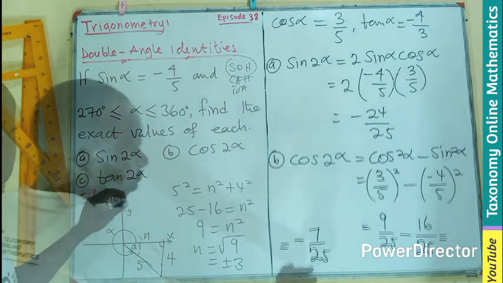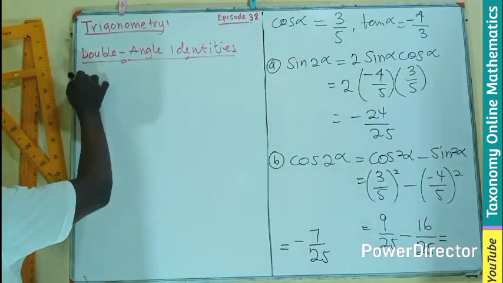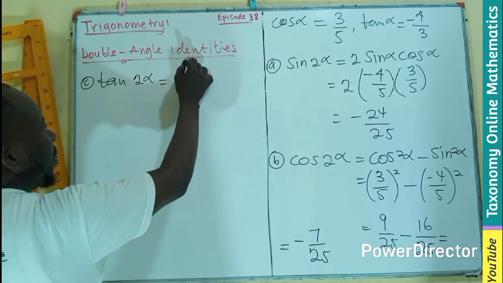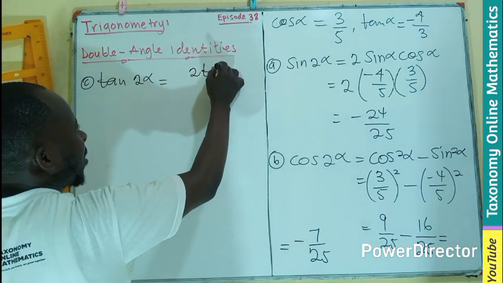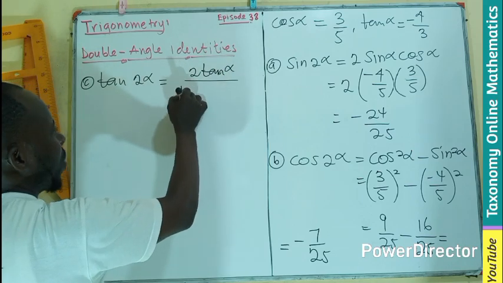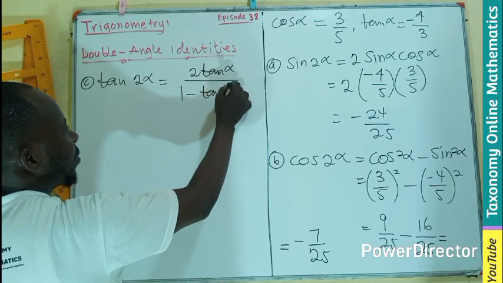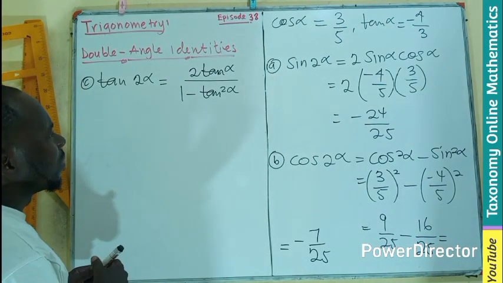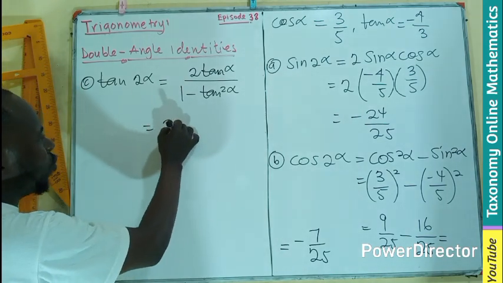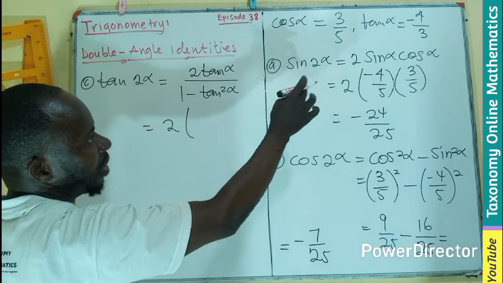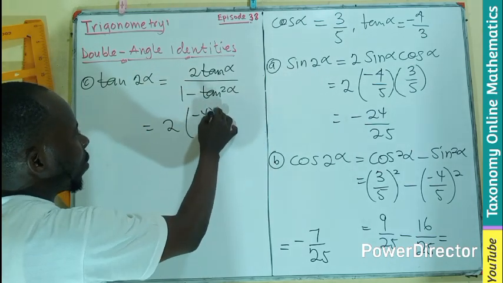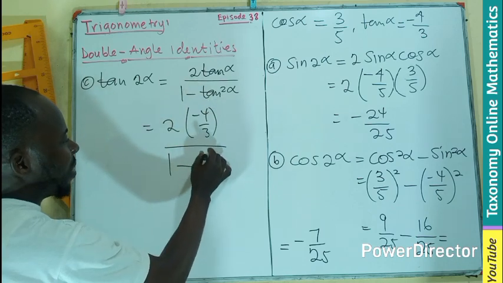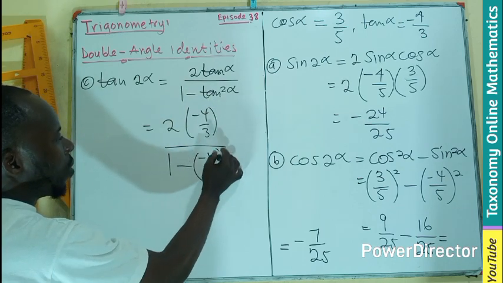I think we have to clean here to take that of the tan. So for the third one, which is the tan 2 alpha, I think that will be 2 tan alpha over 1 minus tan square alpha. If you check the previous episode, you will get that. So by substitution, we should have 2 multiplying tan alpha, which is minus 4 on 3, divided by 1 minus minus 4 on 3 all square.